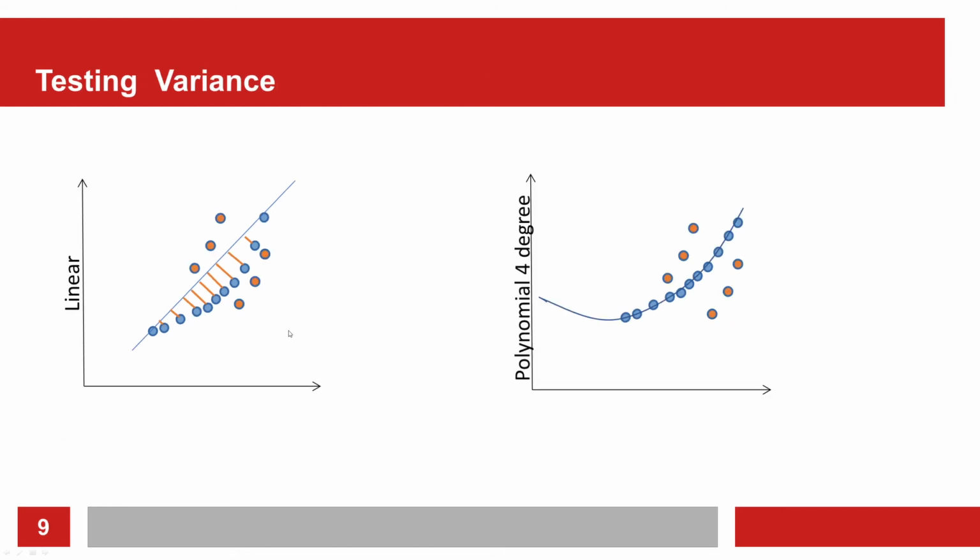Now regarding the testing: this is the training. If we add these 6 points as test data, we will have some errors, right? The distance from here and here is high. So it has high bias for the training, and high variance for the testing.